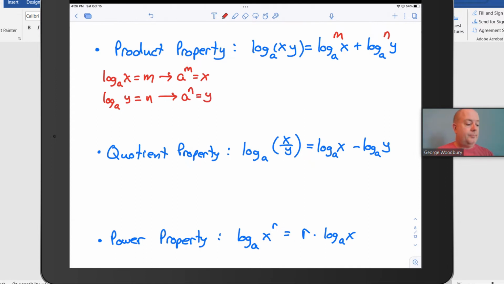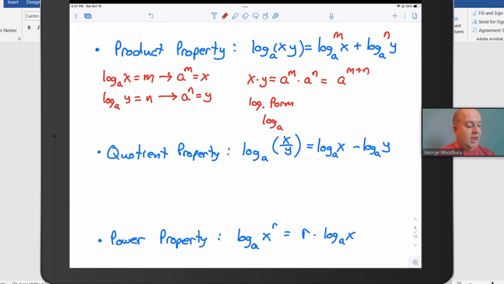Picking it up from there, we know that x times y equals a to the m times a to the n power, and one of our rules for exponents tells us that we can add those exponents, so it's a to the m plus n power. Now we can rewrite this in logarithmic form.